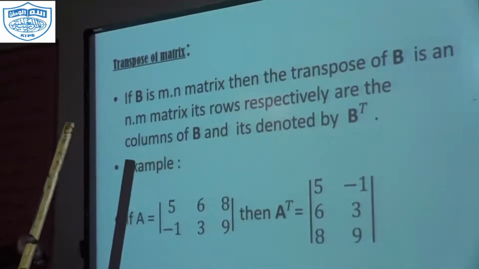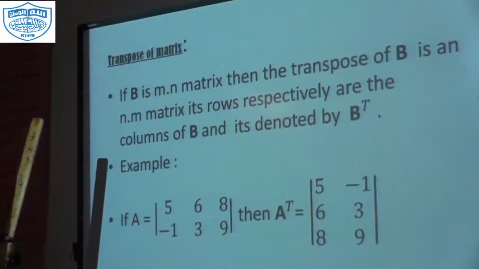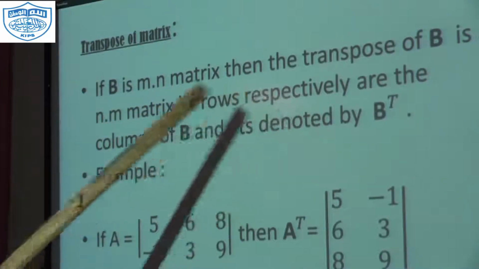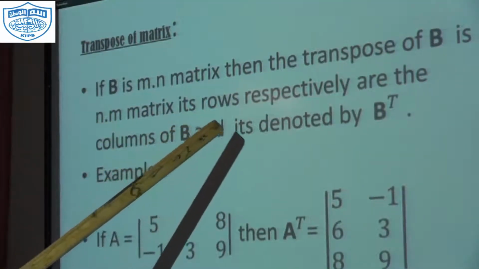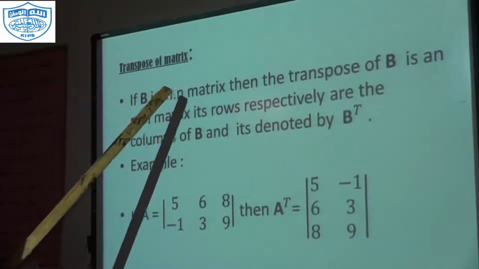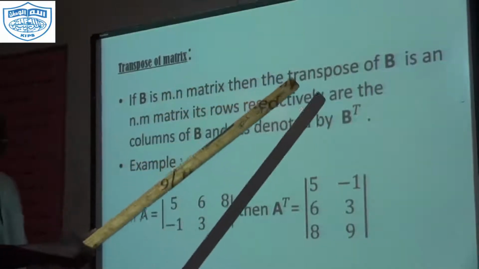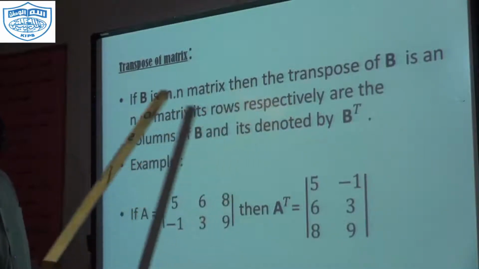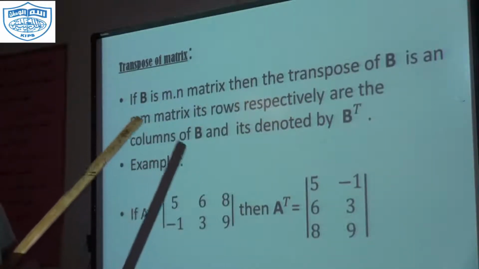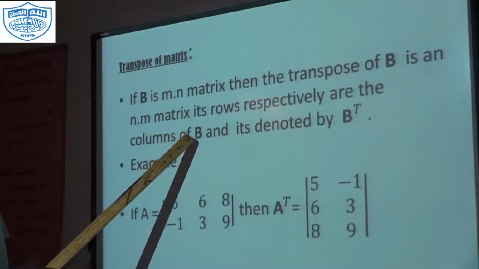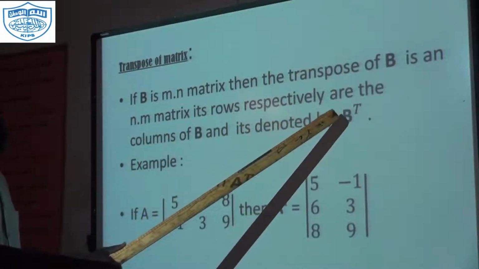You have to change the numbers: the columns become rows and the rows become columns. Its rows respectively are the columns of B, and it is denoted by B transpose.